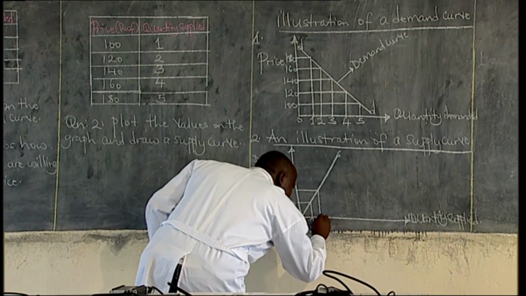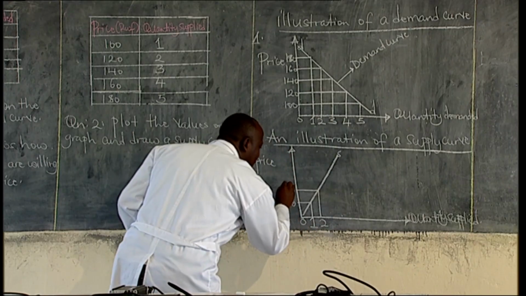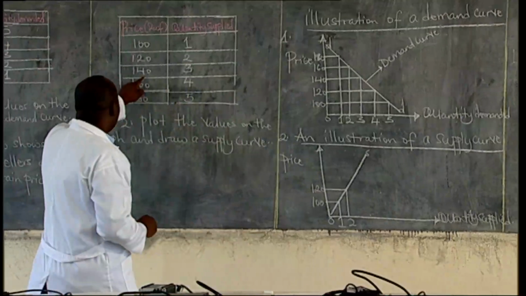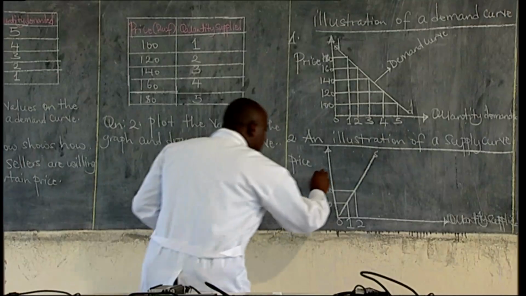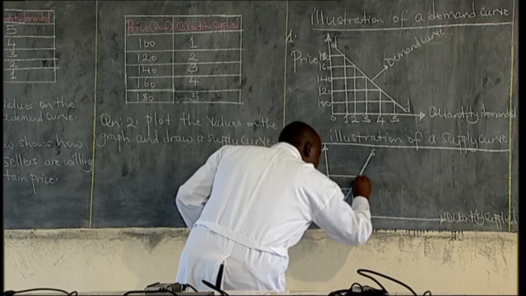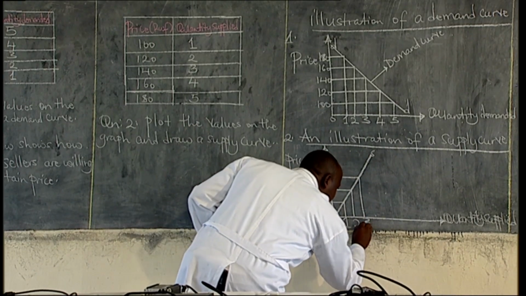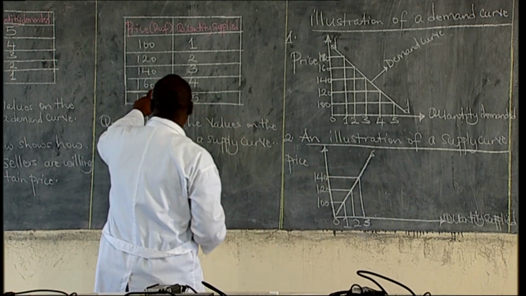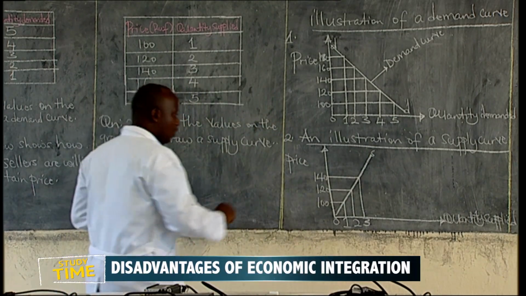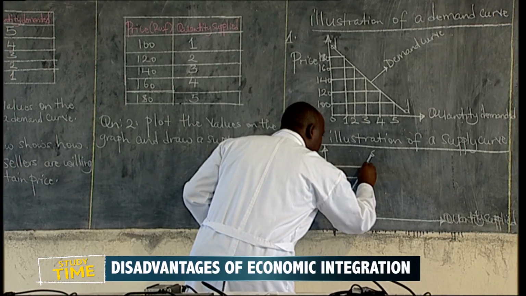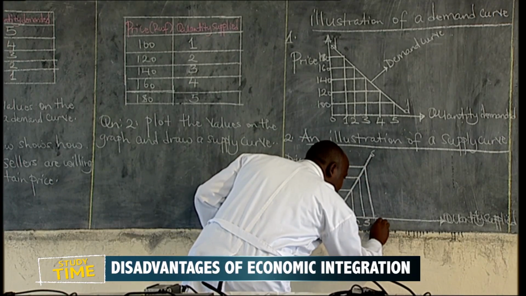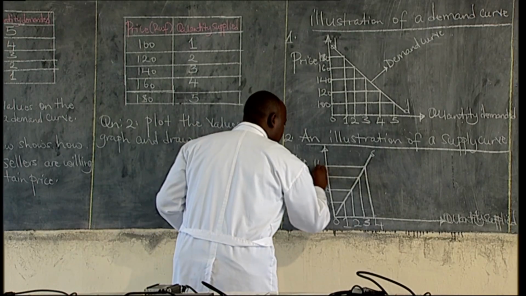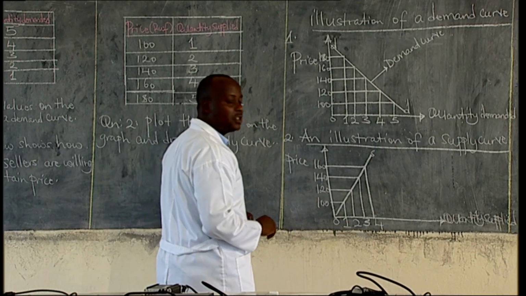At a price of 140, the quantity supplied is 3. At a price of 160, the quantity supplied is 4.